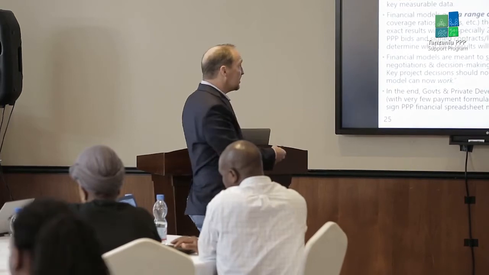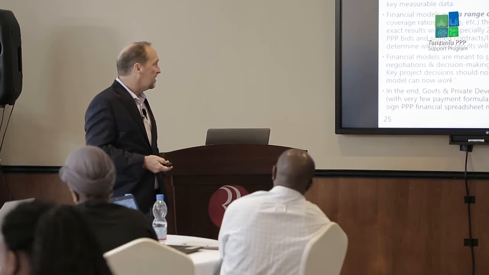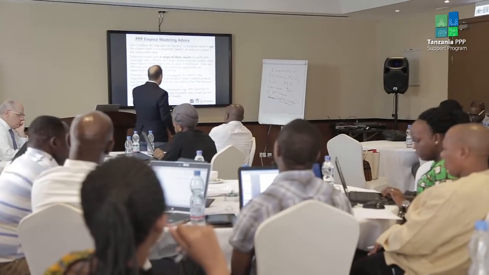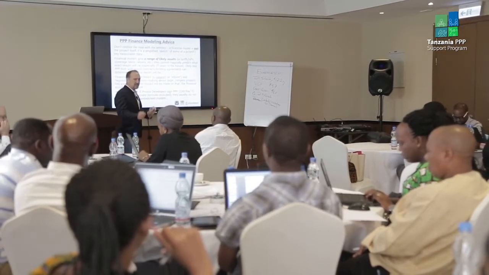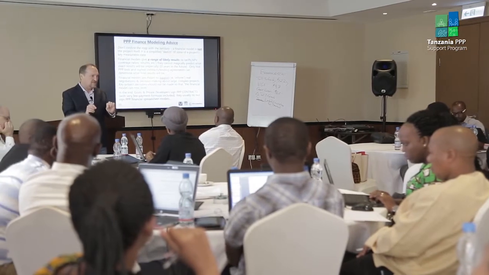Financial models are meant to support or inform decision making. Sometimes I see those that work too much on financial models sort of think, no, our goal is to get the financial model to work.